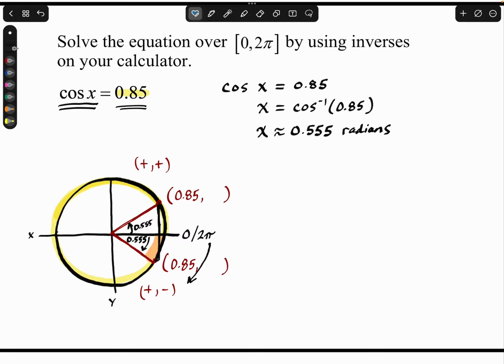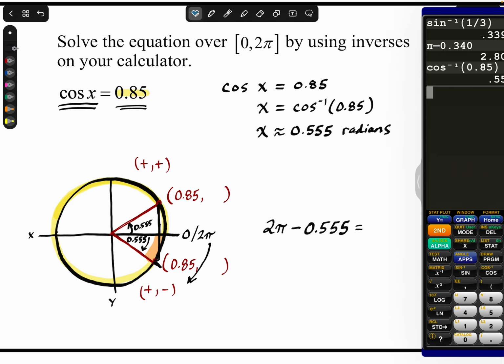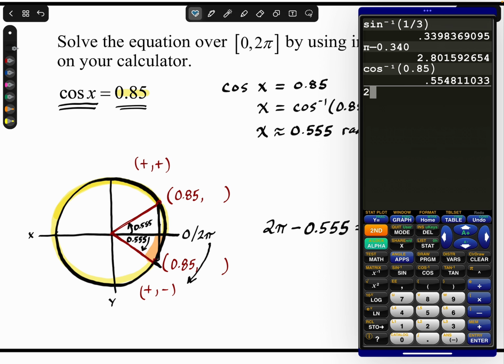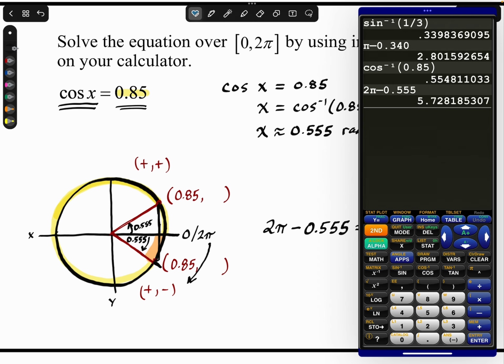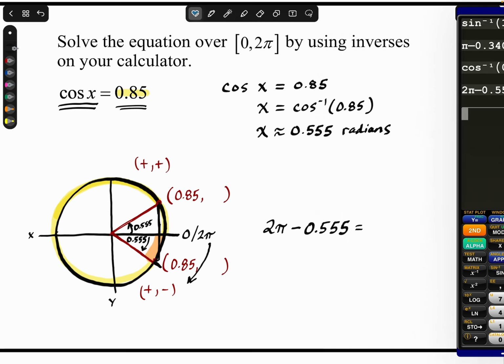So we're going to take 2 pi and subtract 0.555, and that will tell us what our angle is. Let's grab that calculator. Let's do 2 pi minus 0.555. Enter. And we get about 5.728.